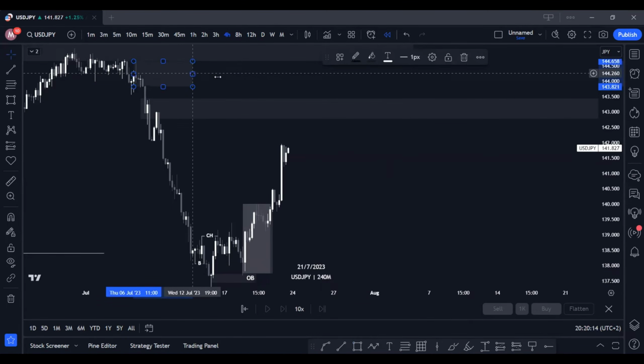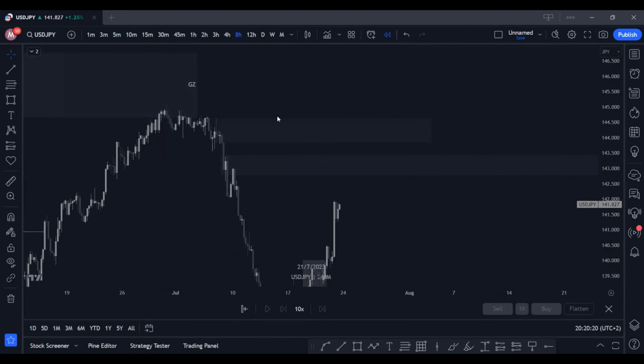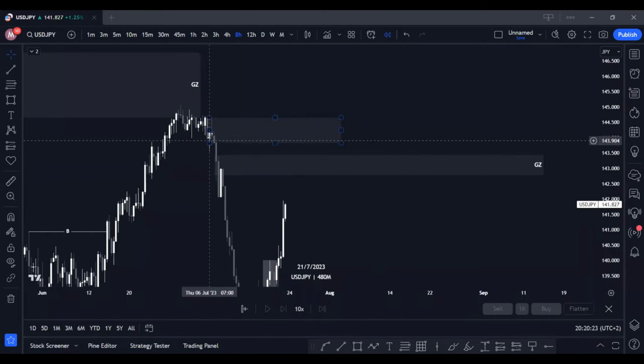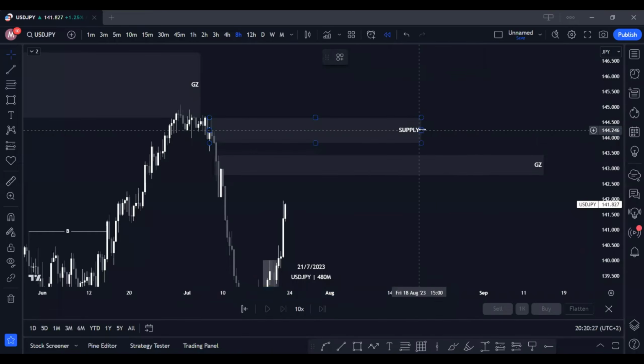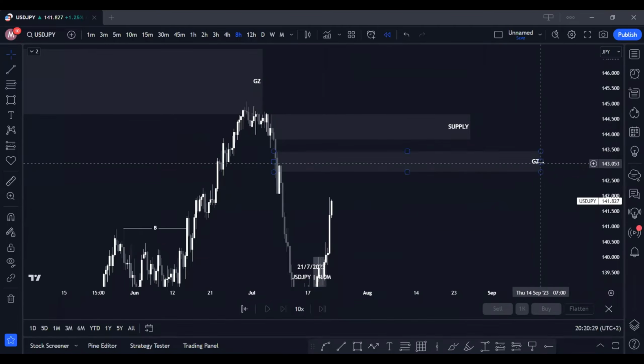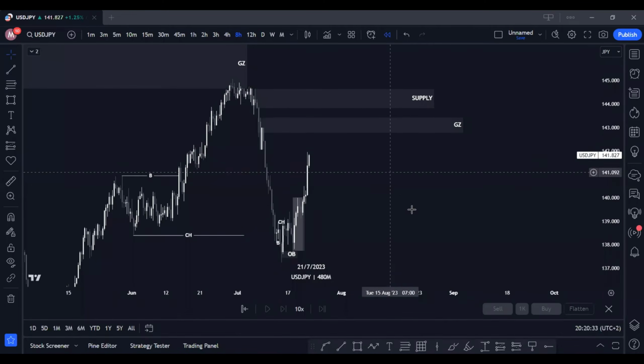This can be a potential supply zone. So to be safe, immediately when price taps us into your golden zone, you look for your confirmation entries. What you look for is something like this.